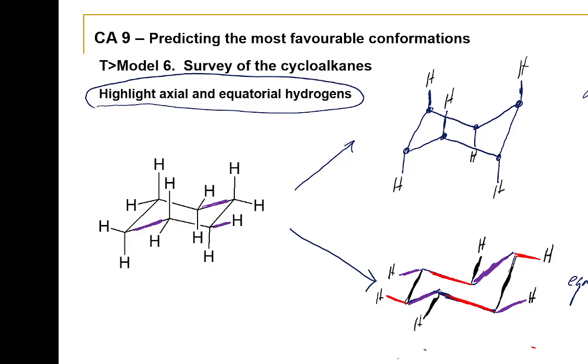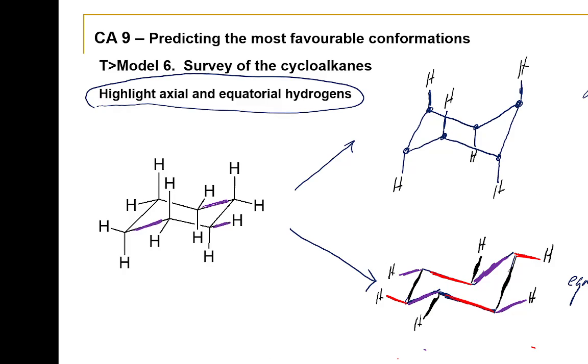Questions about that? Okay, great. So we've established that on each of the carbons there are equatorial and axial, and that there are definite ways to be drawing them.